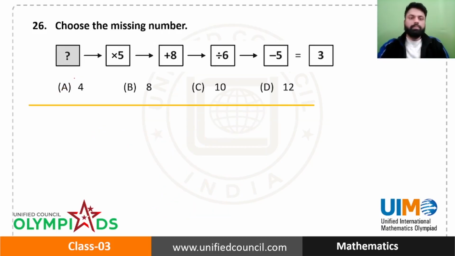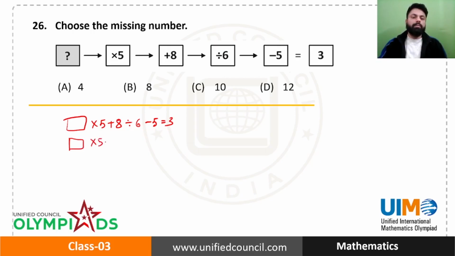A option. Choose the missing number. Dash multiplied by 5 plus 8, divided by 6, minus 5 is equal to 3. We will solve this. First we add 5 on both the sides.